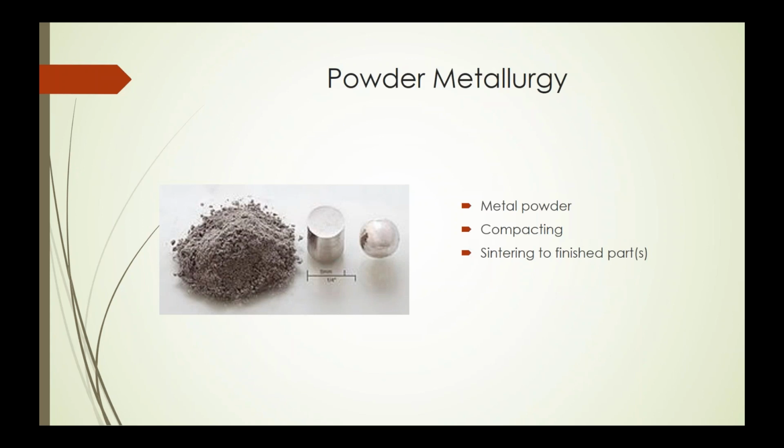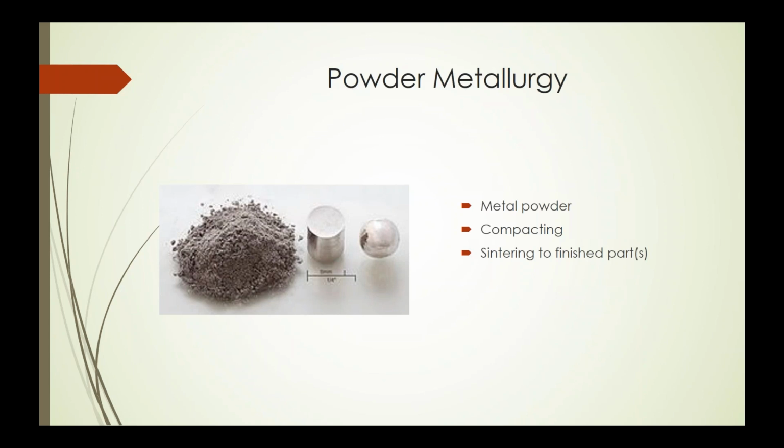You then compact it or press it together into a capsule or a slug, such as in the middle, and that is not the final size. It has a mild binder in there to hold it together many times.